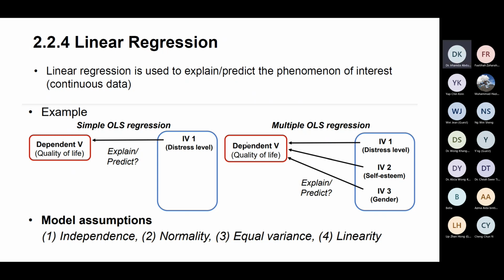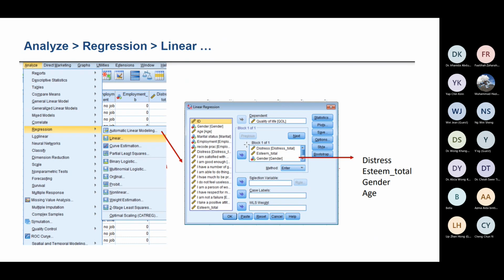If we have many factors, then we call it multiple regression. Okay, the steps when you want to do regression analysis, we need to go to analyze, click regression, and click linear. So even though you are doing multiple linear regression, you still need to click linear.